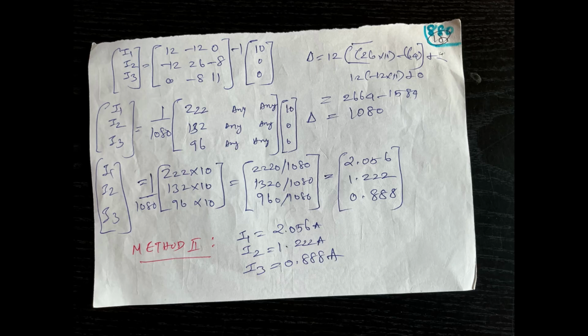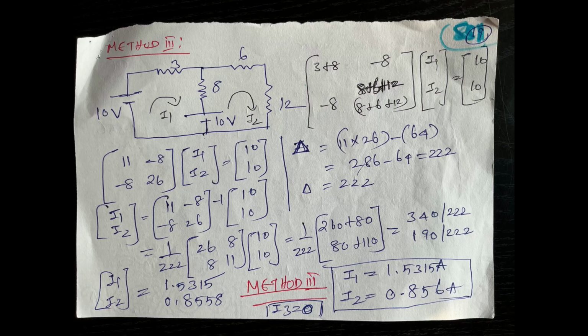The cofactor matrix values are any, because multiplying by the voltage matrix with 0, 0 gives a zero value. So I1, I2 and I3 are 0 in method 2.